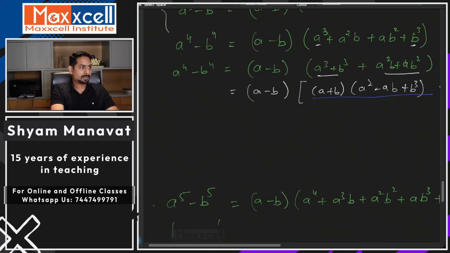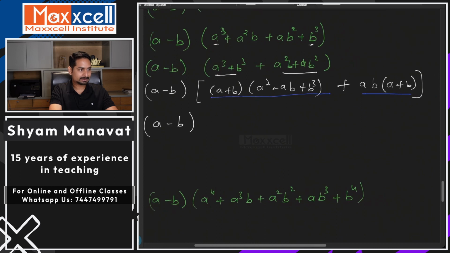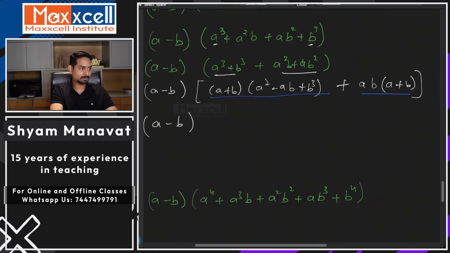Now if you take these two terms, the first term and the second term, underlined with blue, I can take a plus b from here and a plus b from here, and I can take this factor out of the bracket. So it will look like a minus b was already there.